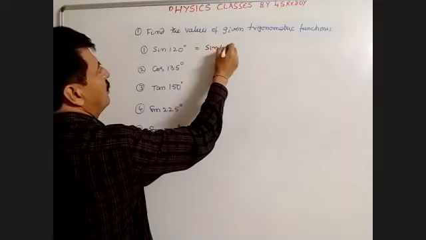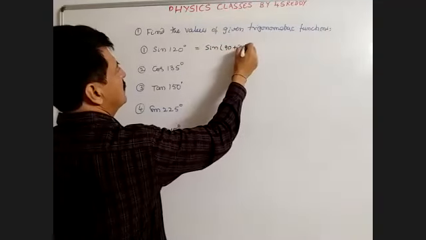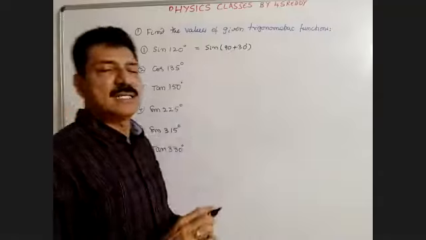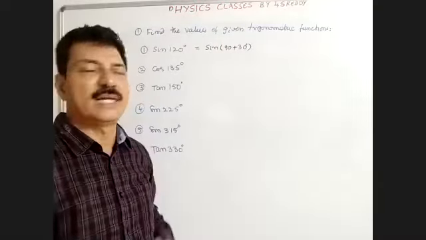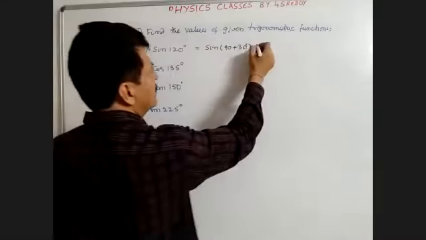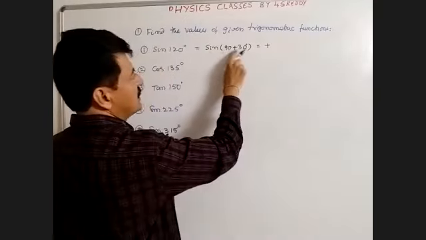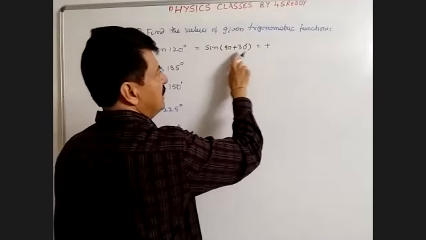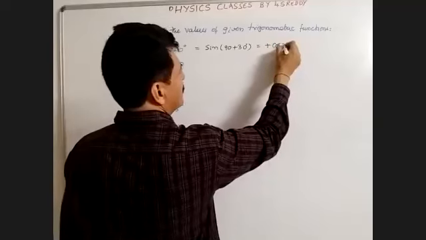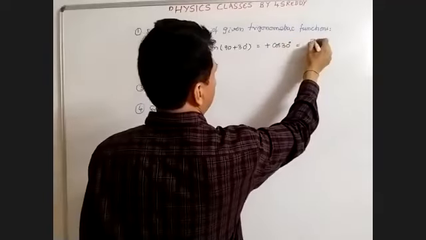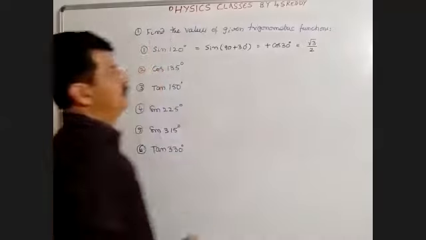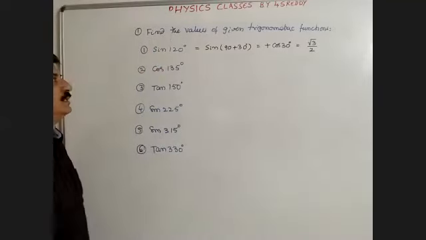That is sin of 90 plus 30 if I write. 90 plus 30 means which quadrant? Second quadrant. In second quadrant, sine is positive. But sin 90 plus theta, because sine changed to cos, so cos 30. So the right answer is cos 30 value, so √3/2.